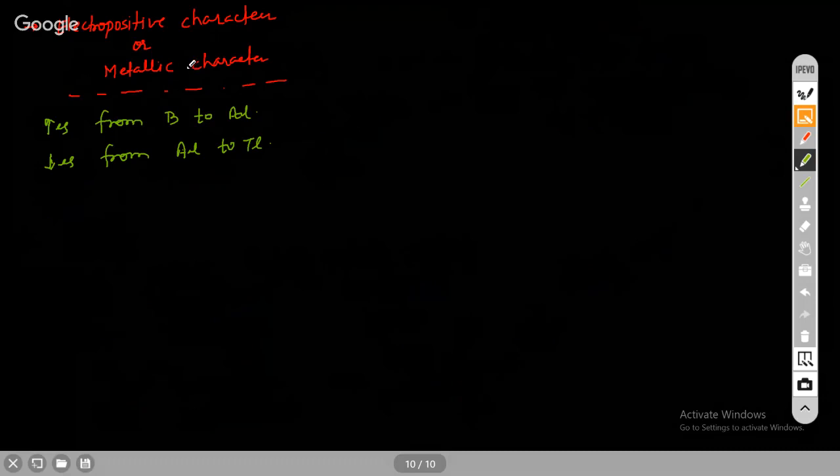Write down the explanation in this. Due to increase in atomic size, the ionization enthalpy from boron to aluminium decreases, and hence electropositive character increases.